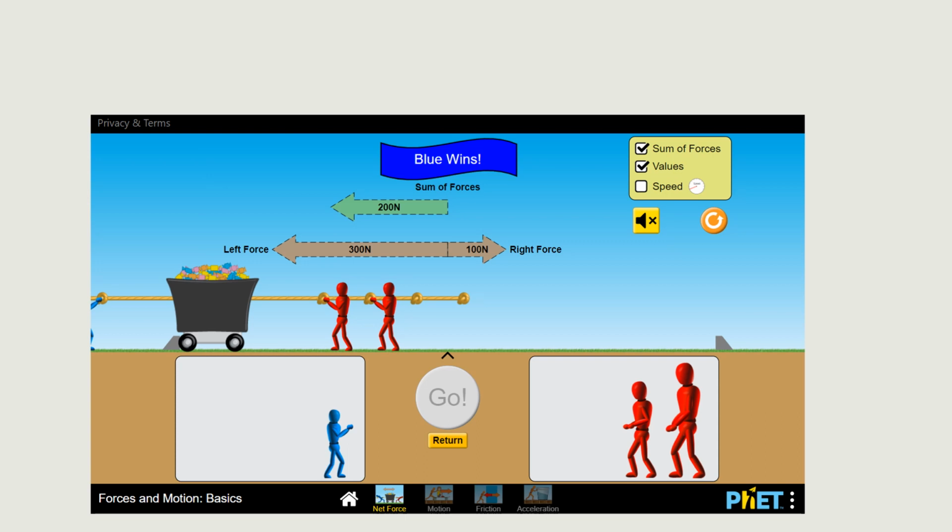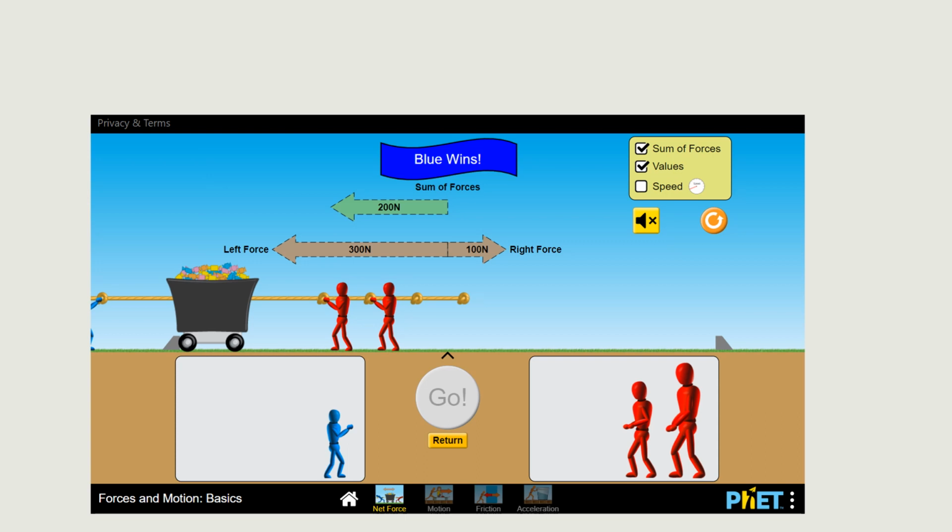In this case, they're applying the same amount of force, so 100 newtons on the left side and 100 newtons on the right side. What do you think, in which direction will they move, and what will be the resultant force?